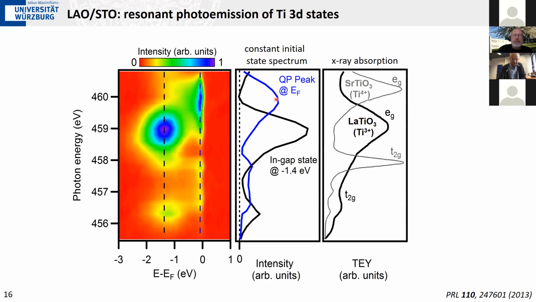While the quasi-particle peak is a little bit shifted by 1 electron volt and resembling a little bit more what you expect in the absorption spectrum of a 4+ titanium valence. The fact that we have here two different resonance energies for the in-gap and the quasi-particle state is something that I will be using in some of the next experiments.